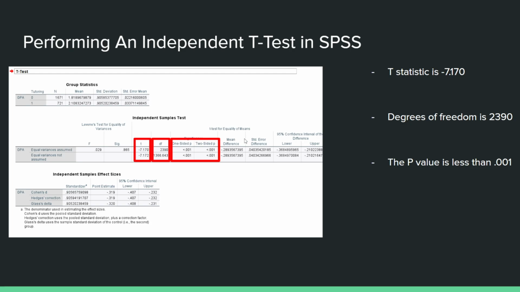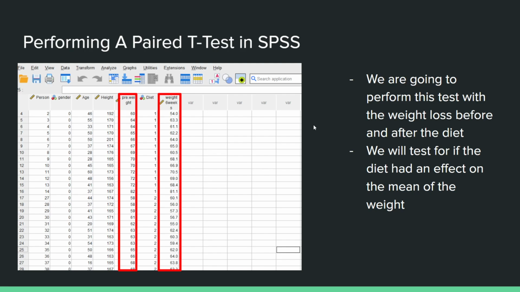Okay. So now we're going to be performing a paired t-test. To perform this test, we have, like our example that we stated before, the weight loss before and after a diet. We will test if the diet had an effect on the mean of the weight.